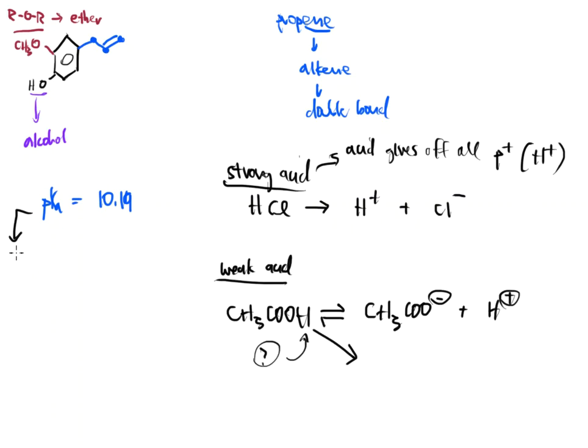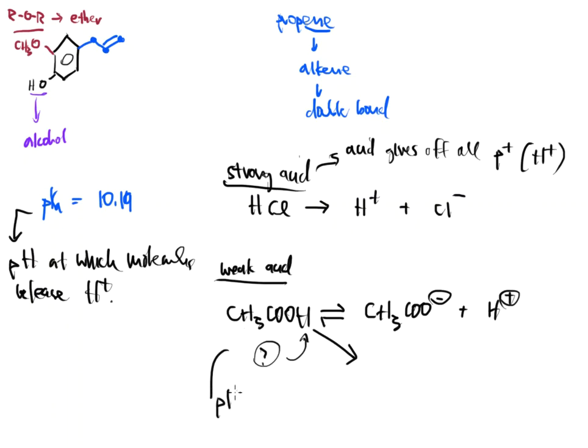That pKa value means basically the pH at which the molecule releases the hydrogen. Okay? So let's say that CH3COOH has a pKa of 4.2 or 4.3, whatever makes you happy. I don't care.